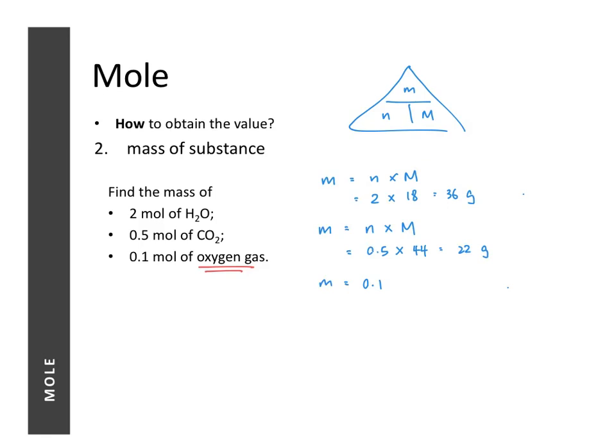That means when we say oxygen gas, it is O2 and not O. Very frequently when students see oxygen gas, they will just take 0.1 times 16. But oxygen gas is a diatomic molecule, so the molar mass is 16 plus 16, which is 32, and the mass is 3.2 grams.